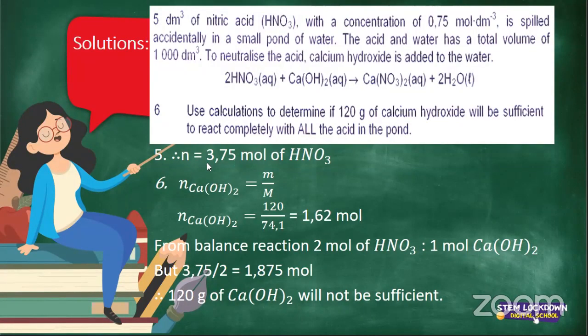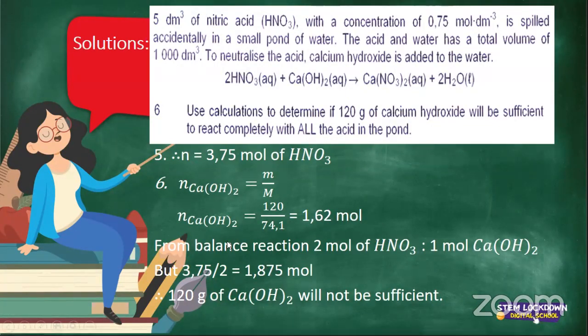We have said that the number of moles of an acid is 3,75 mole of nitric acid. Now we need to calculate the number of moles of a base. The number of moles is mass over molar mass. So it is 120 divided by 74,1, which will be 1,62 mole.